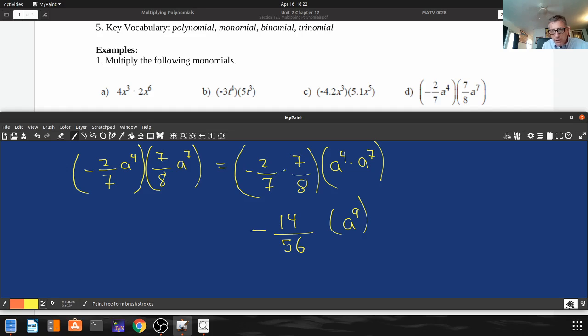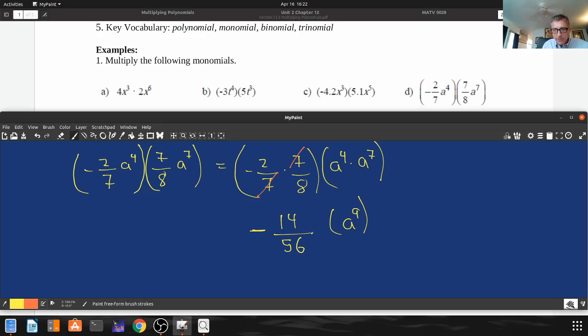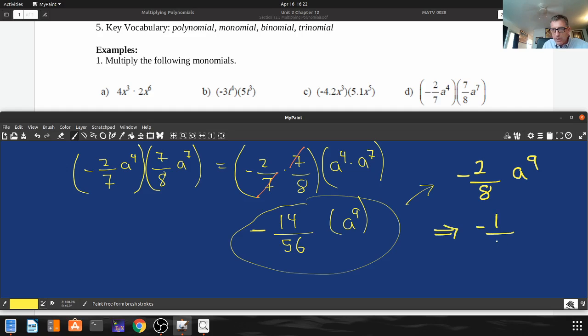But if you would have noticed right here, you notice that there's a factor on the top and a factor on the bottom. So if you notice that, you're literally done, and you can write the answer as minus 2/8 a to the 9th, which then simplifies to minus 1/4 a to the 9th.